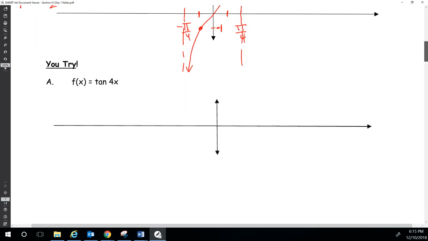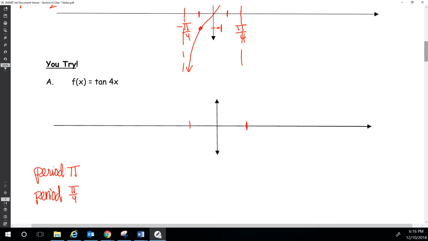All right, so for you try A, again, typical period for tangent is pi. Our period for tan 4x would be taking pi and not multiplying it by 4, but dividing it by 4, so pi over 4. All right, and then half of this is going to go onto the left-hand side, and half is going to go to the right.